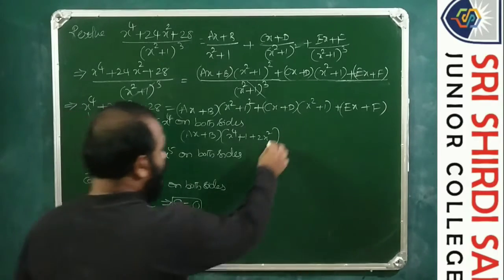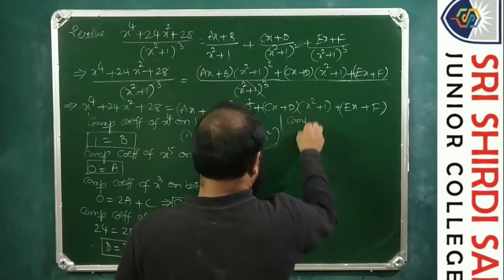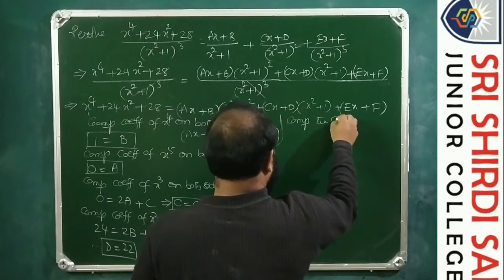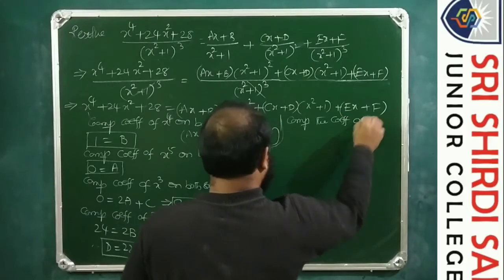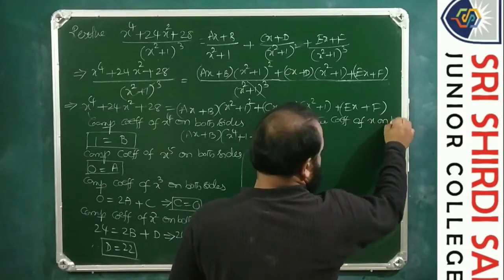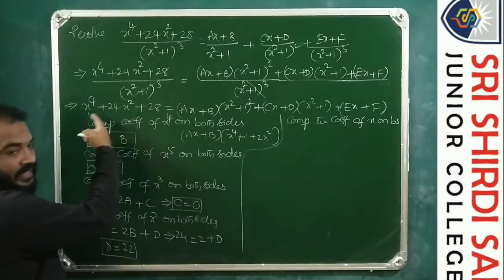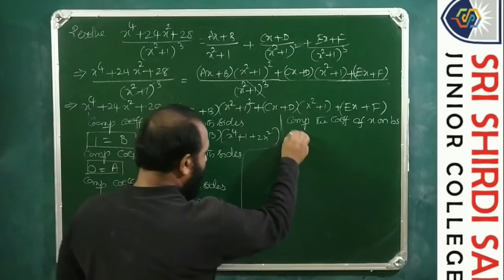Now, comparing the coefficient of x on both sides. We don't have any x term here, so therefore 0 in the LHS.